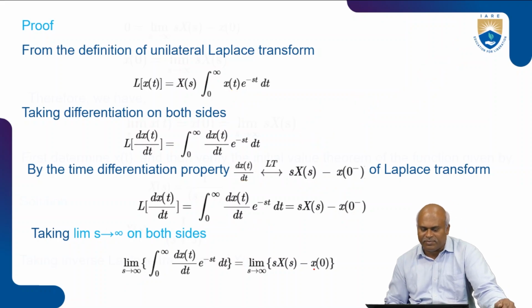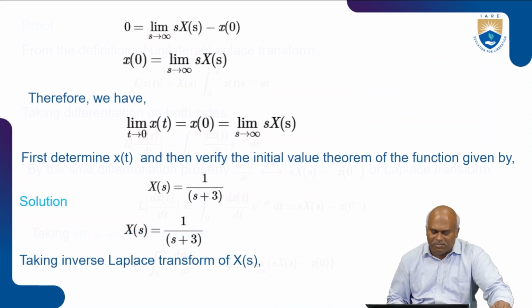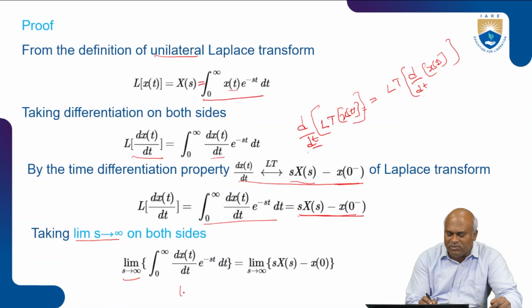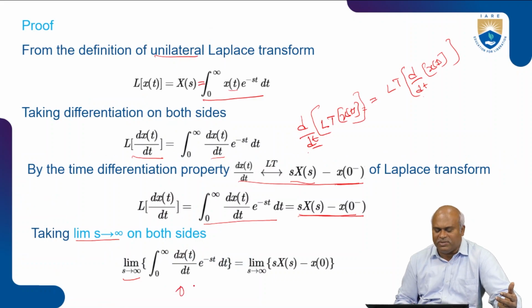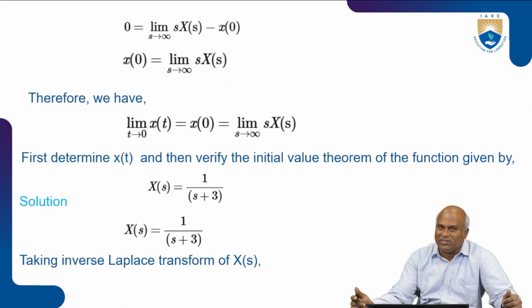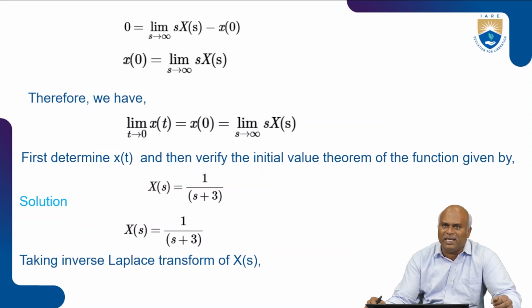Now this term is 0, because if you substitute the limit s tends to infinity in the integration, it all becomes 0. Then 0 is equal to the limit as s tends to infinity of s X of s minus x of 0.